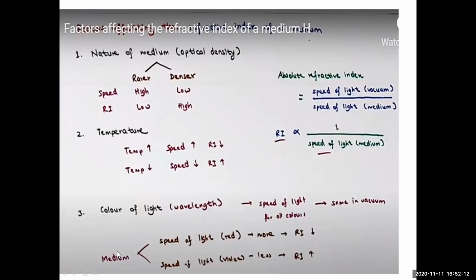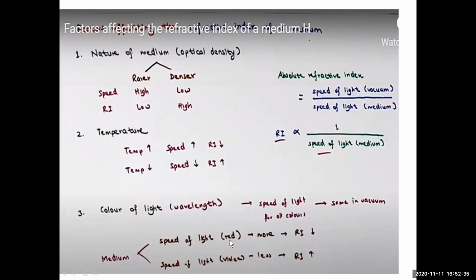But in a medium, the speed of light changes for different colors. For example, for red, the speed of light is more, therefore the refractive index will be less. And the speed of light for violet is less, therefore the refractive index will be more. Follow, students.